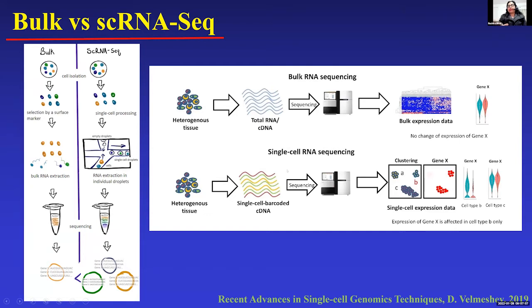However, when we do single cell RNA sequence analysis and we have different cell types clustered, we see that cell type B after perturbation does show some low expression. So this downfall in expression of gene X actually tells us that single cell can help us identify cell type specific changes in transcriptome.